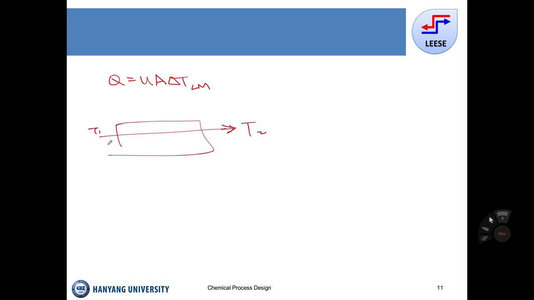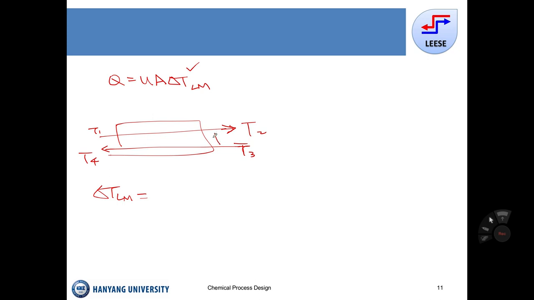Say in that heat exchanger, we have Q, U, A, delta T, log mean temperature. So in a heat exchanger, one is T1 and T2. That will be T3, maybe T4. So we can calculate the log mean temperature here using 4 temperatures, okay?